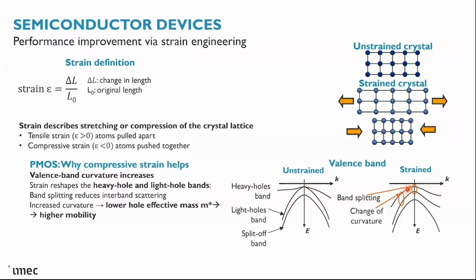With strain, we reshape the heavy hole and light hole bands because we introduce a band splitting, which reduces the interband scattering. Also, strain increases the curvature of the upper band, and this curvature is what will lower the hole effective mass and increase the mobility.